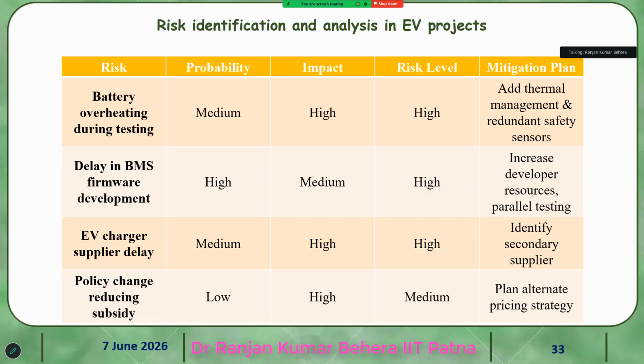For example, battery overheating is a risk, delay in BMS firmware development, EV charger supplier delay, and policy change reducing subsidy. What are the probabilities? Medium, and then impact is high, so risk is high.